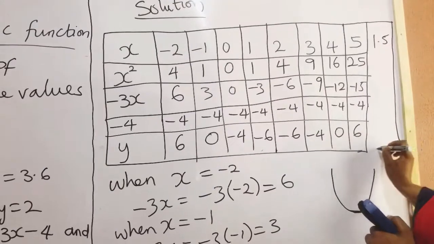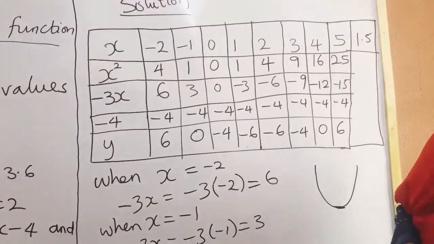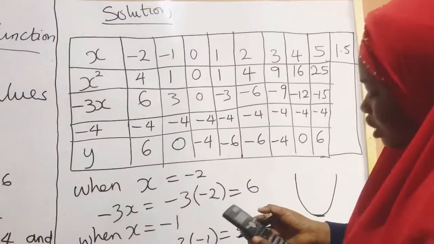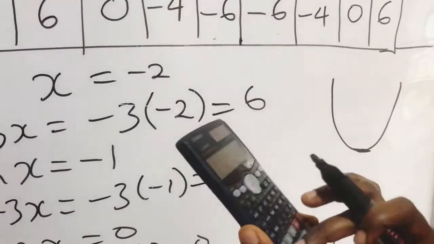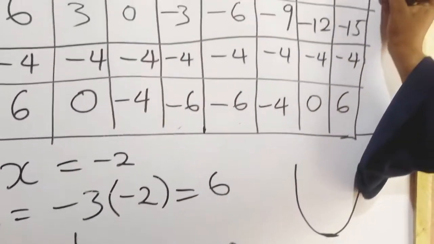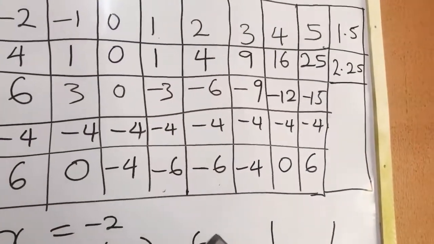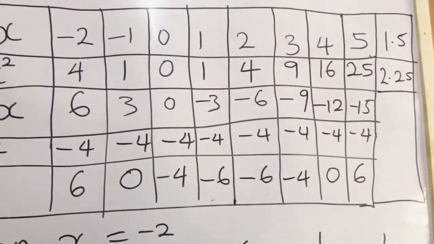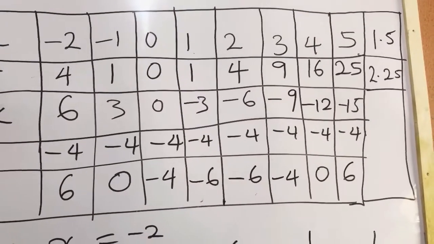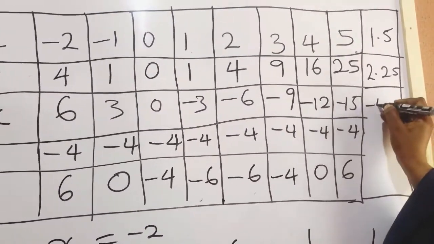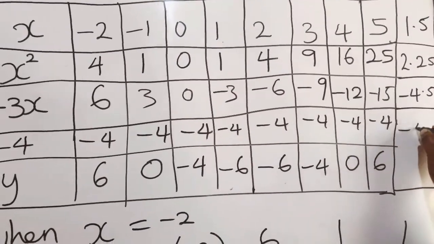So when x is equal to 1.5, x squared is going to be what? 1.5 squared is equal to 2.25. Minus 3x, when x is equal to 1.5, minus 3 multiplied by 1.5 is equal to minus 4.5. Then minus 4 is constant.